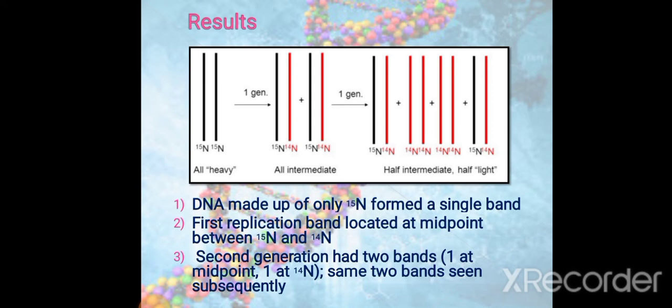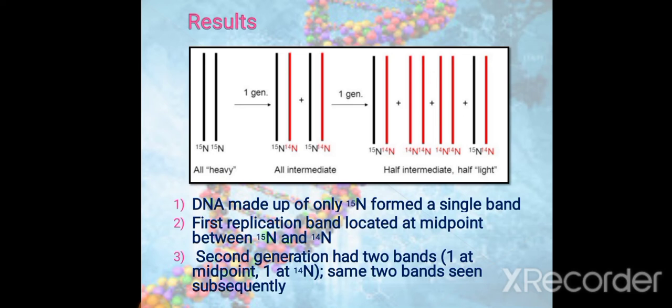Because if the replication of the DNA is carried out within the conservative mode, then there is only the appearance of the single band of N15 and N14, because according to the conservative mode, whenever there is DNA replication, one is completely the parental DNA and another is the newly synthesized DNA. So if there is appearance of both of these strands, the N15 and the N14, then only it is the conservative mode. But here within this experiment they obtain the intermediate band.